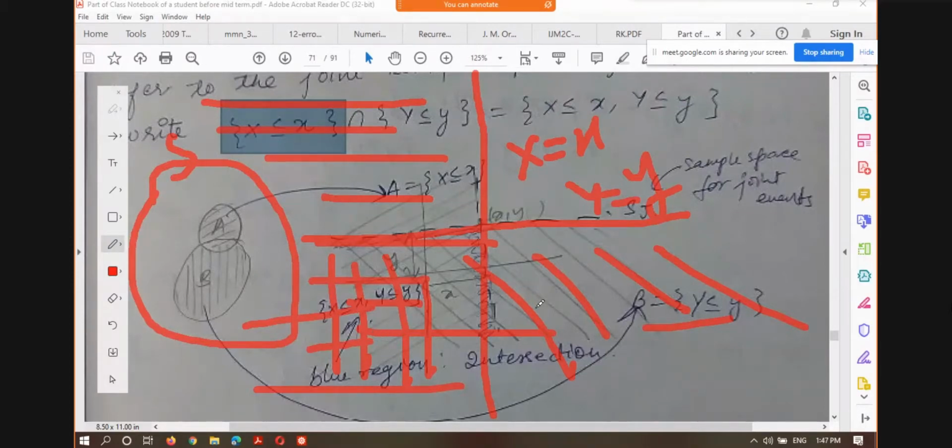So you can see, if I am talking about the intersection event, this domain is mapped to this, because this is the event intersection, whatever is mapped to this one. So this is the way we define a two-dimensional random variable: X ≤ x, Y ≤ y is the intersection of these events.